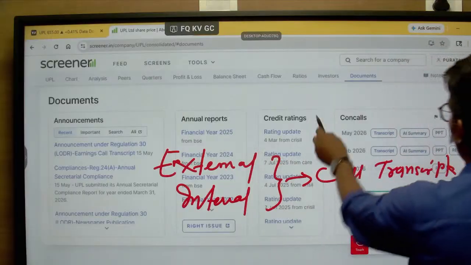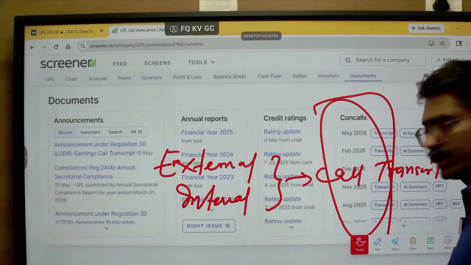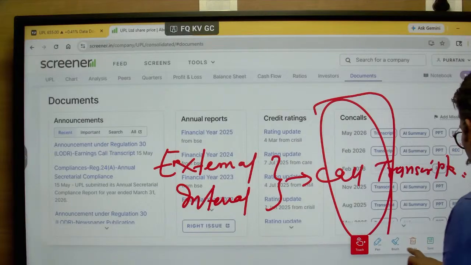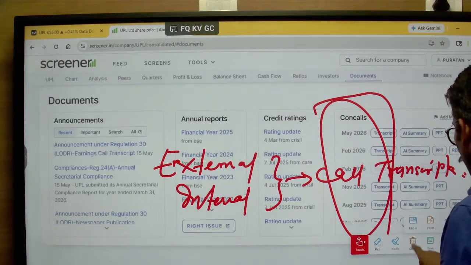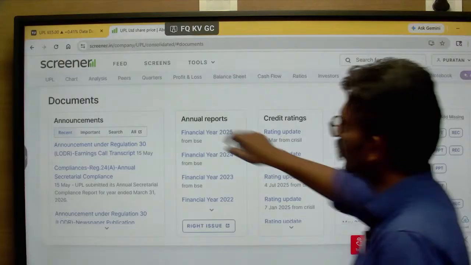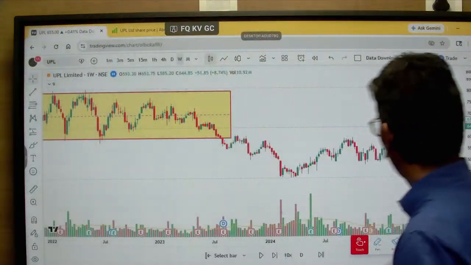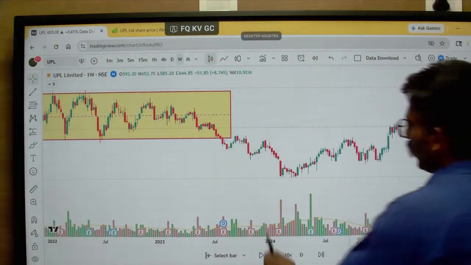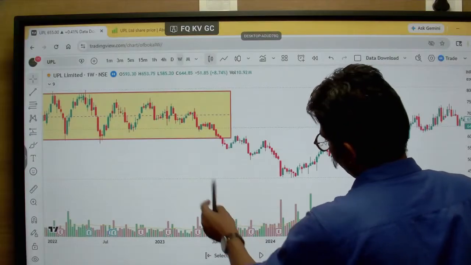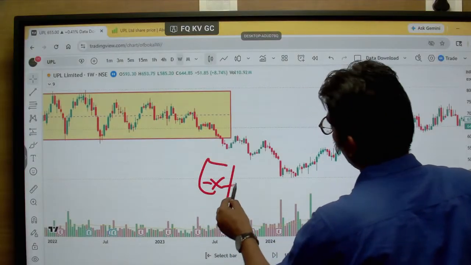These are the call transcripts. Noticed? Understood? So come back to this one. This is one trend line you can find out, but this is the easiest way. Stockage also has it.